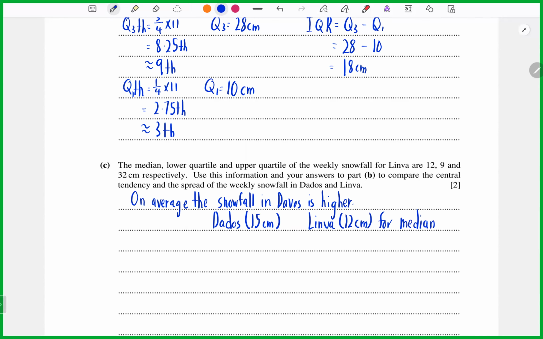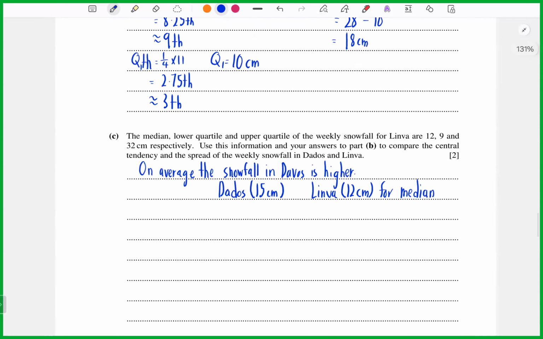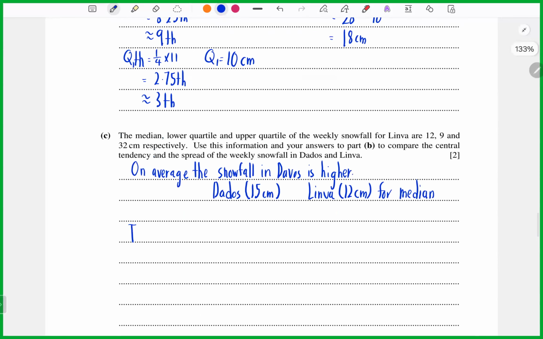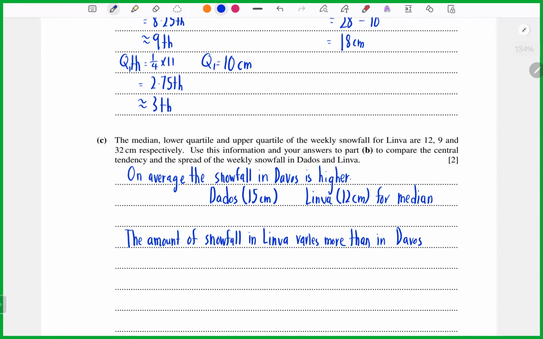And then let's go to the next. The spread of the snowfall in the Levinus area is more than in Thanos. Why?